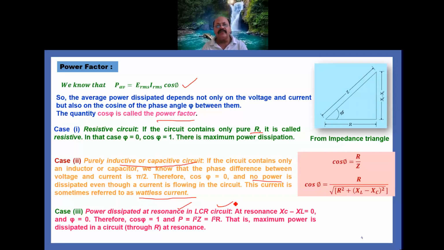So cos phi equal to 1. Then power dissipation is P equal to I square Z, which is equal to I square R. So at resonance, the maximum power is dissipated in the circuit. You have to remember these important points regarding the power factor and power dissipation in the circuit.